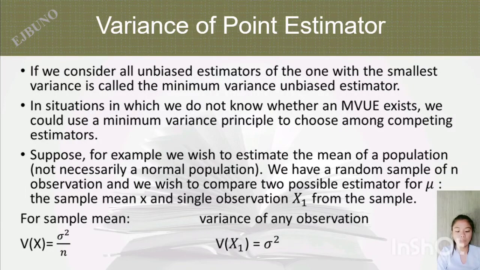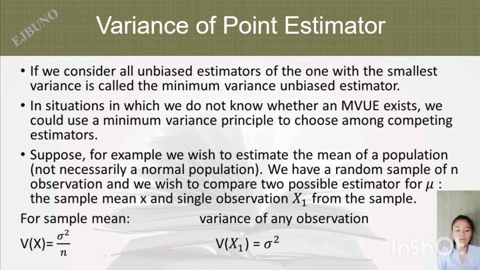Suppose, for example, we wish to estimate the mean of a population, not necessarily a normal population. We have a random sample of n observations and we wish to compare two possible estimators for mu: the sample mean, and a single observation from the sample.